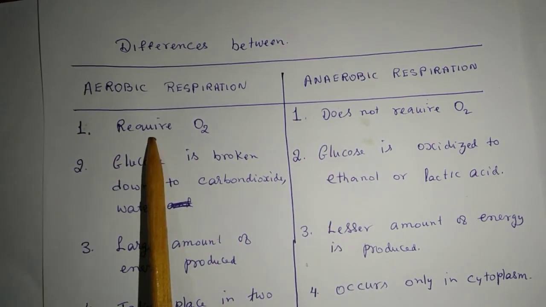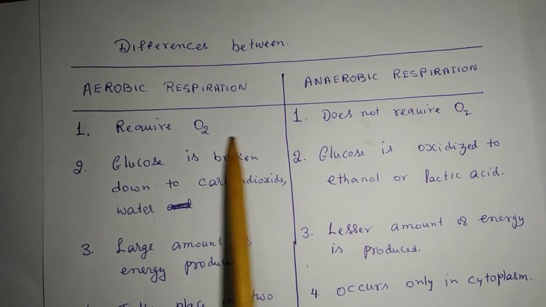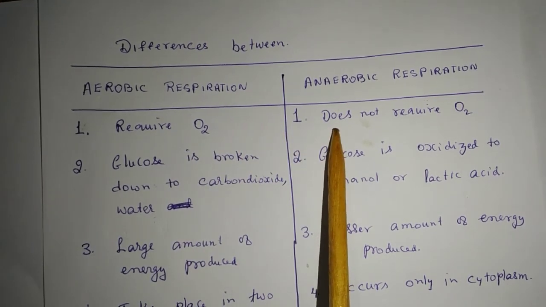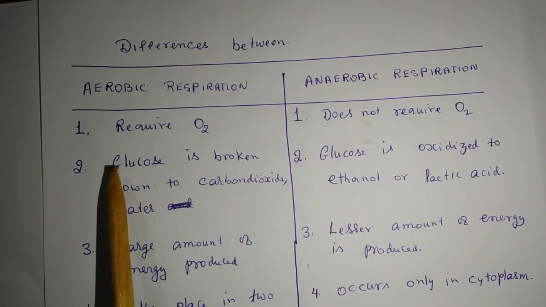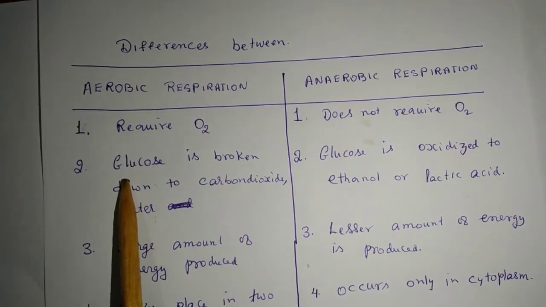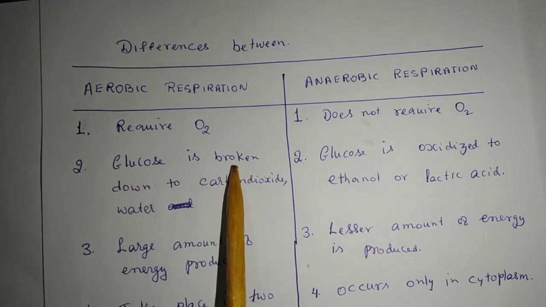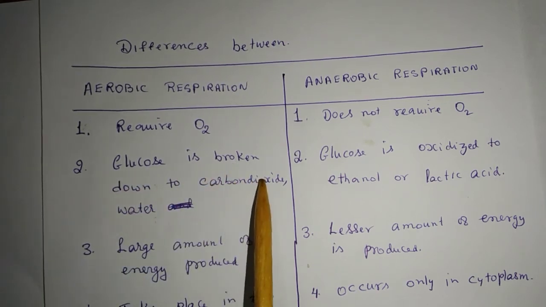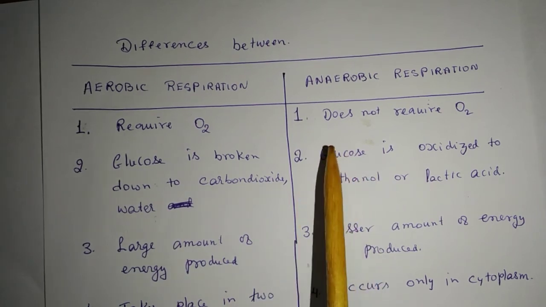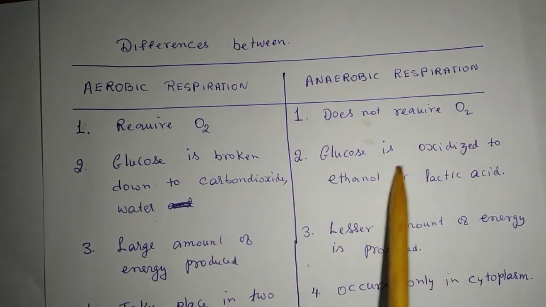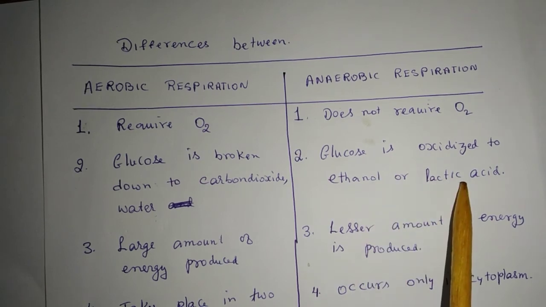Aerobic respiration requires oxygen, whereas anaerobic respiration does not require oxygen. Point number 2. In aerobic respiration, glucose is broken down to carbon dioxide and water, whereas in anaerobic respiration, glucose is oxidized to ethanol or lactic acid.